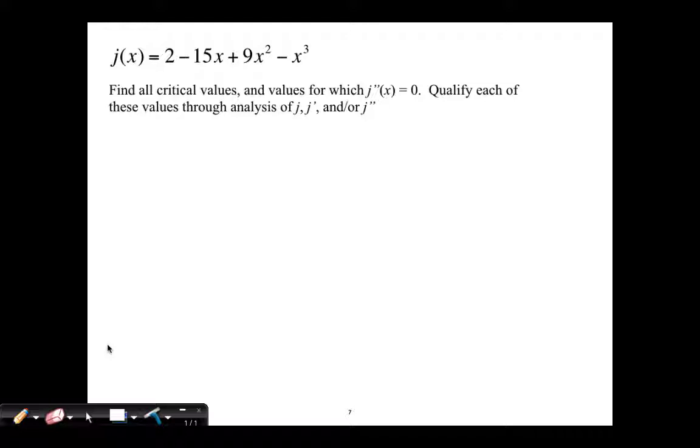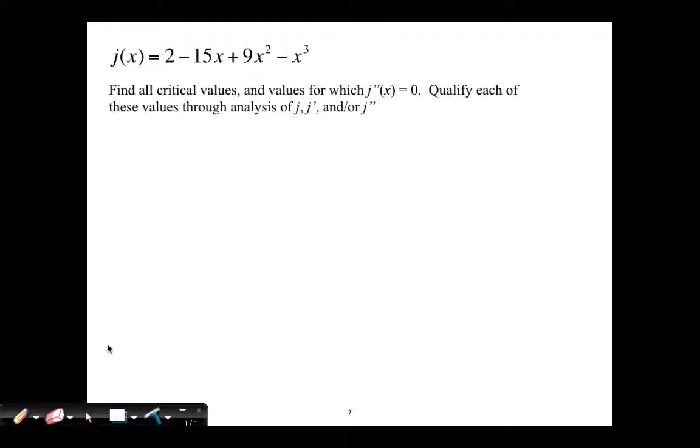So take a couple minutes. The function is 2 minus 15x plus 9x squared minus x cubed. There should be 2 critical values and 1 spot where the second derivative is 0.